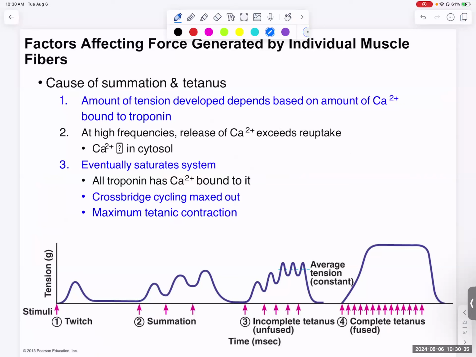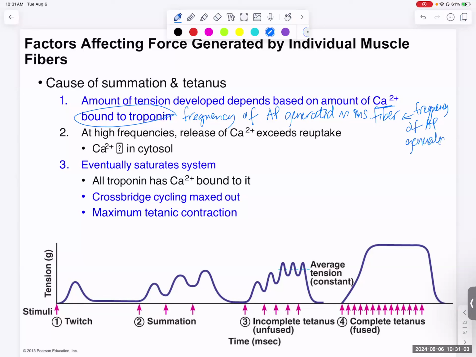So, factors affecting individual muscle fibers. The amount of tension developed is based on the amount of calcium that's bound to troponin. And what determines that? Frequency of APs generated in the muscle fiber, which is determined by the frequency of action potentials generated by the motor neuron.